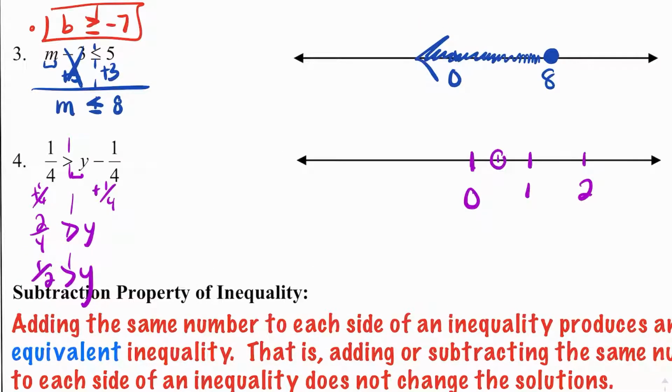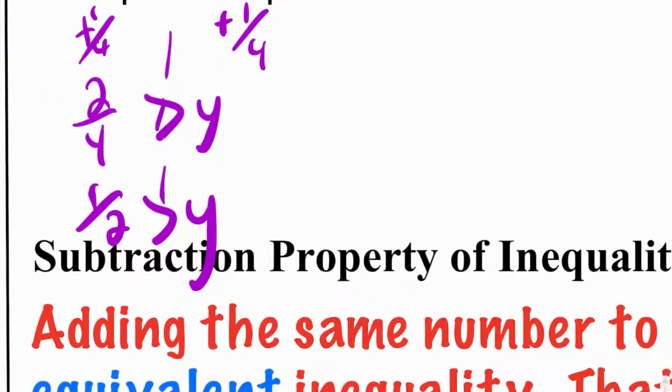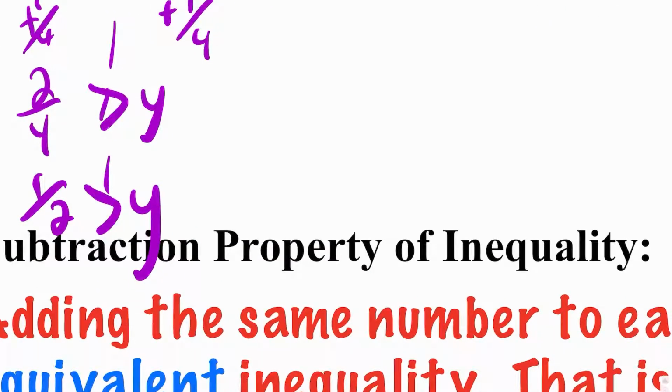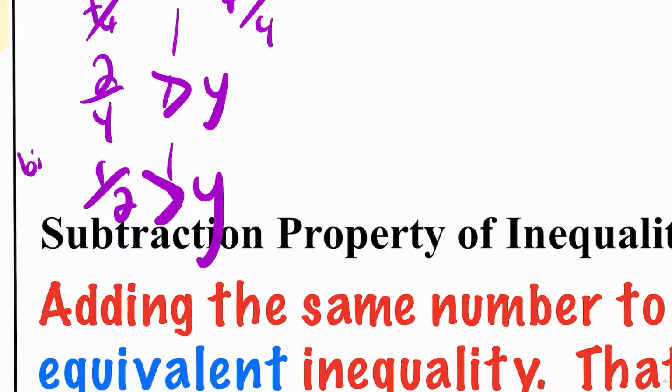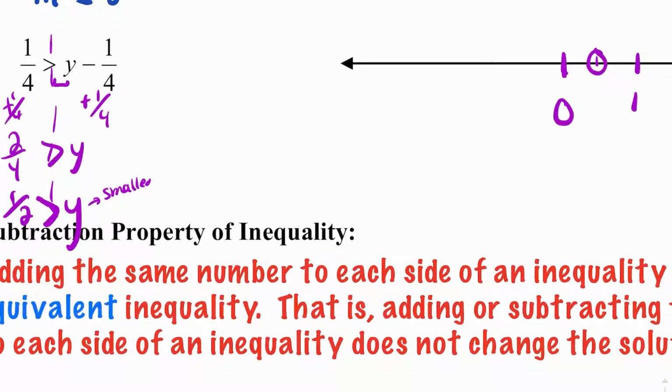So we'll put an open circle there because we don't want to include the 1/2. There's no equal to. We can see that the symbol is opening towards the 1/2, which means 1/2 is the biggest, which means our stuff is going to be smaller. So we'd have to shade all the stuff that's smaller than 1/2, and that's stuff like 1/4, 0, negative 1, and so on and so forth.